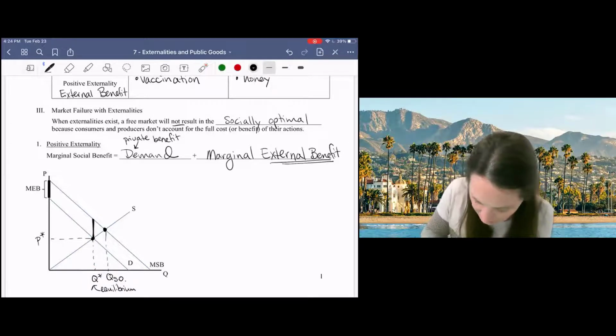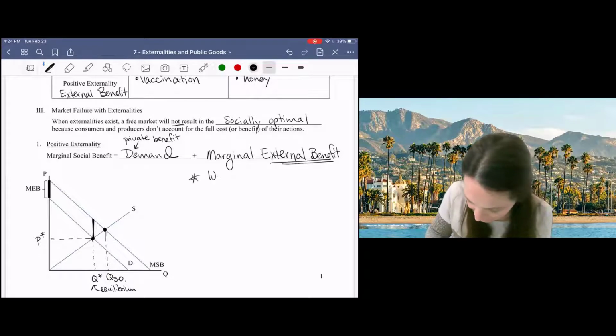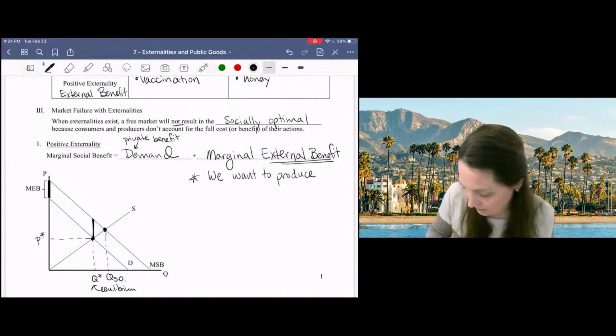All right, so let's write down some of these key takeaways. We want to produce as long as the marginal social benefit is bigger than the marginal social cost.